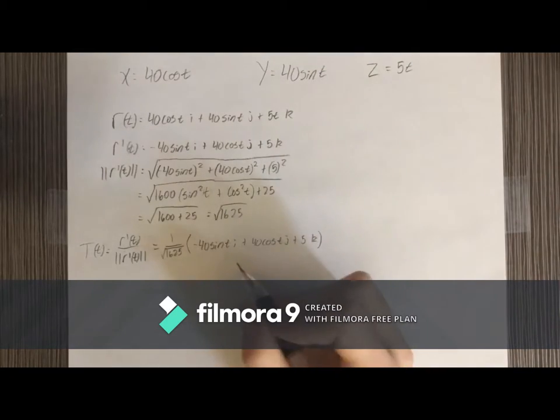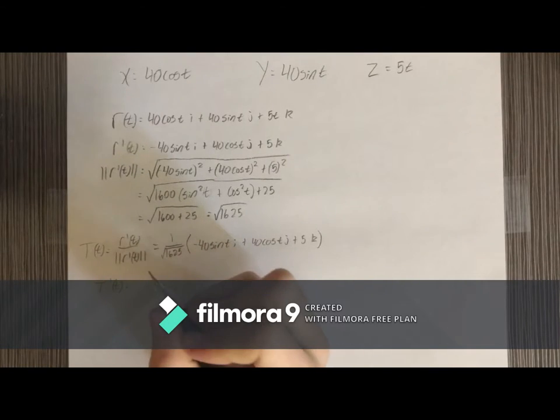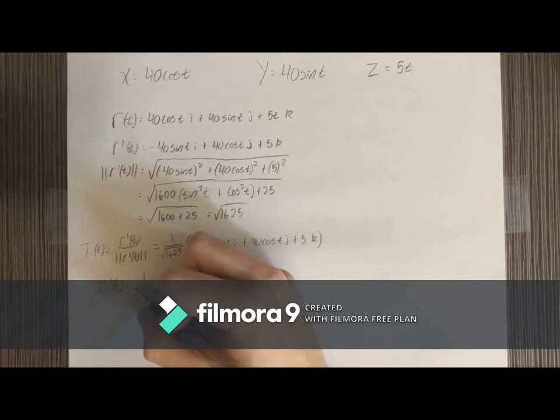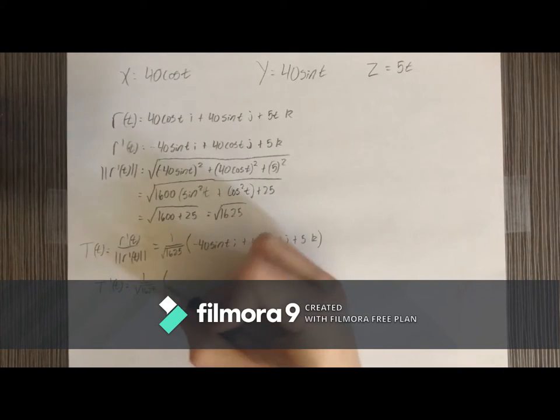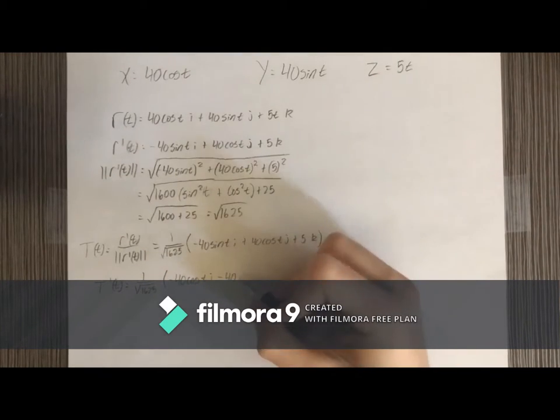After that, we must find T prime of t, which is equal to 1 over the square root of 1,625 times (negative 40 cosine of t i minus 40 sine of t j).